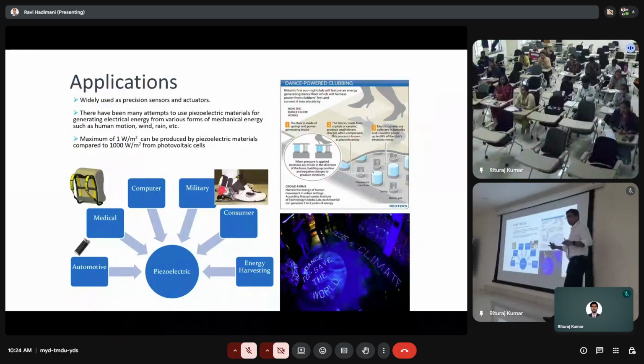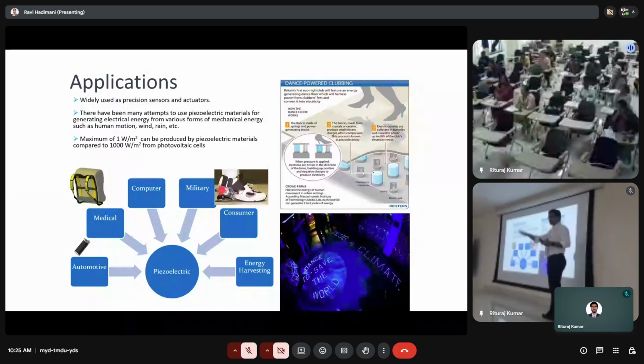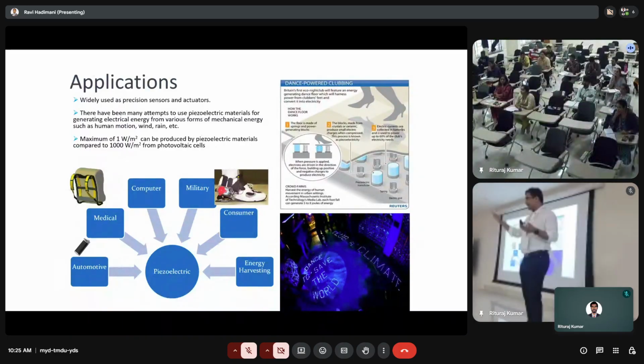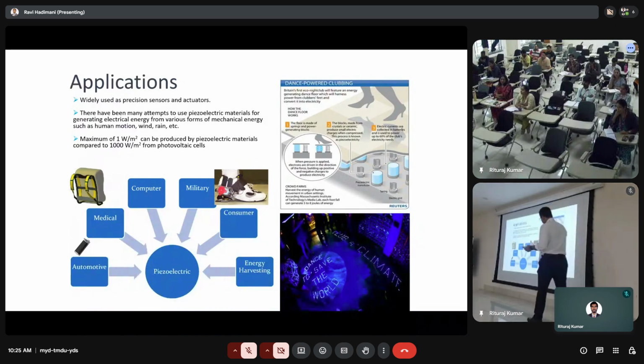the other way, instead of supplying a voltage and getting a displacement, can you now use some mechanical actuation or mechanical pressure to generate voltage? That is energy harvesting, okay?